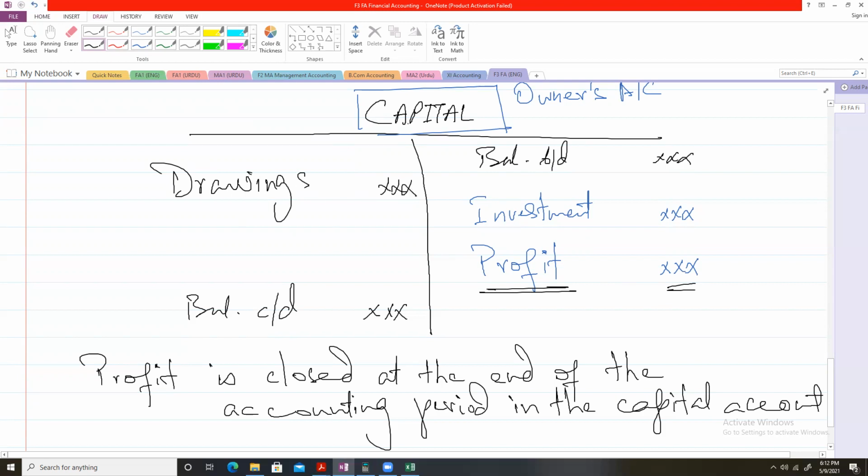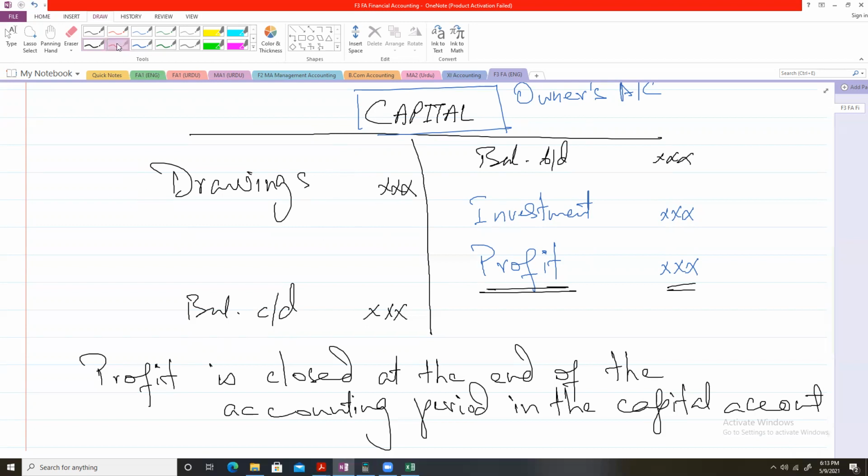Because drawing is the opposite of capital. Drawings represent investments taken out by the owner from the business for their personal, private use. That's why we debit the capital account at the end of the accounting period with the drawings made by the owner.